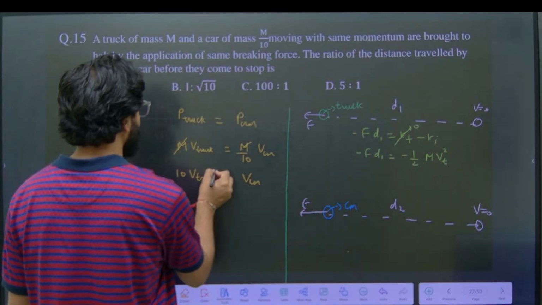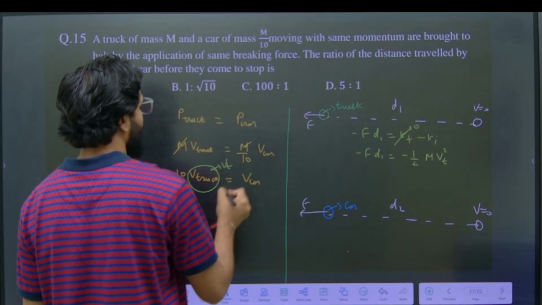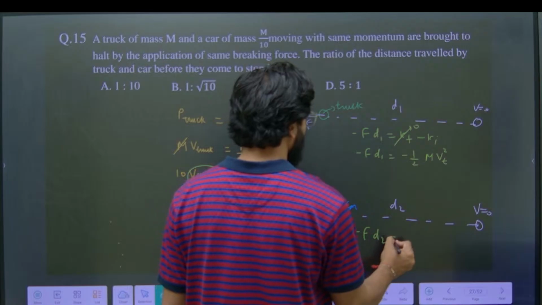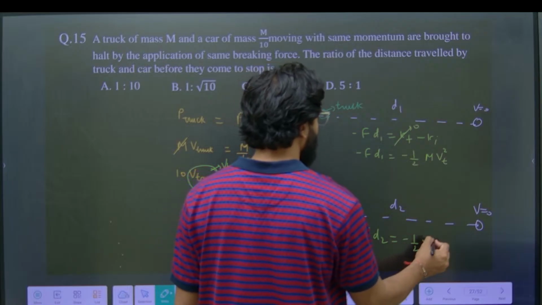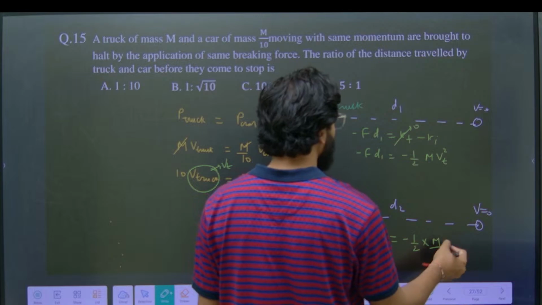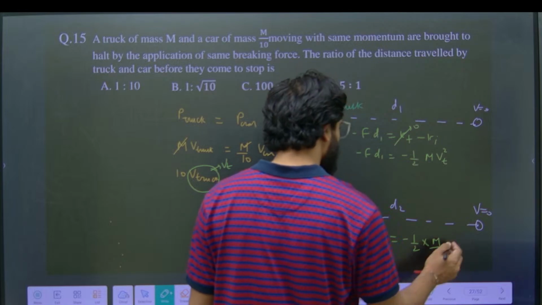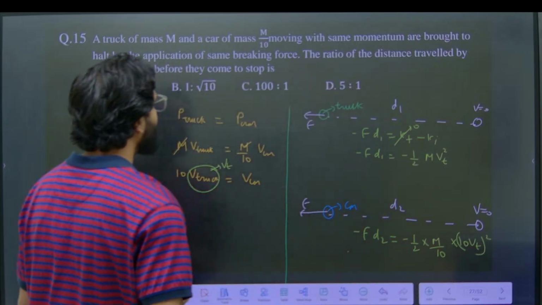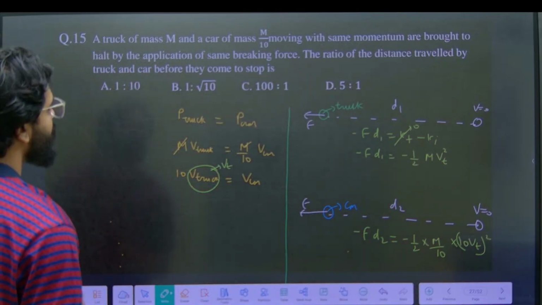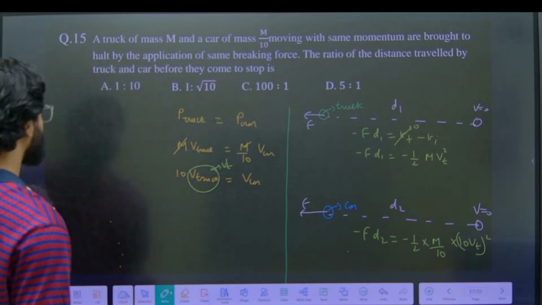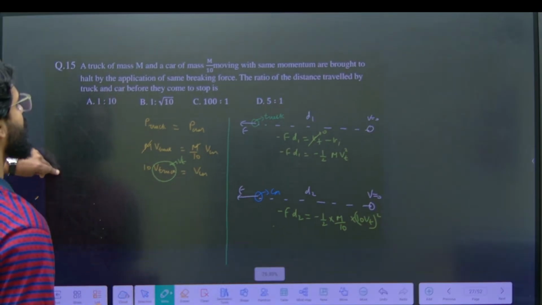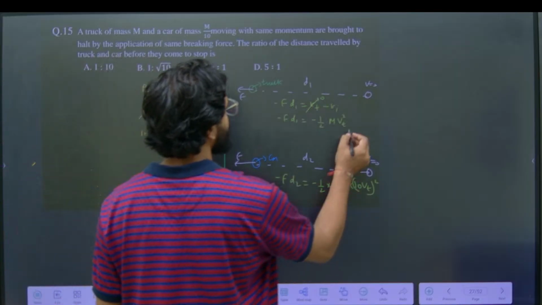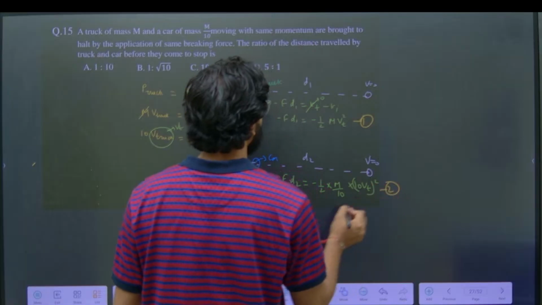I'm just writing it as v t. Who will write again and again. So over here it is negative f d2. Similarly, we can write negative half into m by 10 into 10 times the velocity of truck square. So the ratio of distance covered by truck and car, we have no other choice than to divide these two equations.